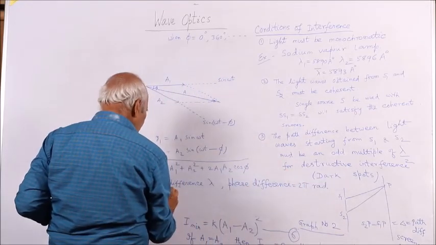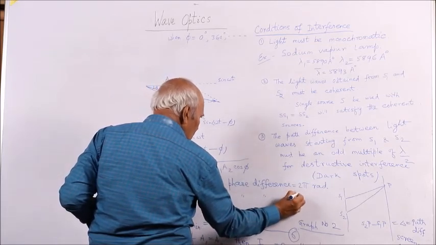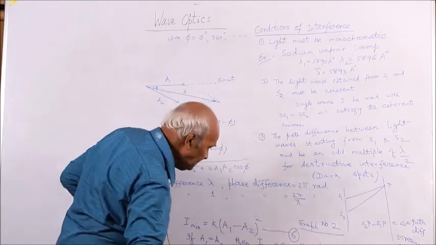So, for path difference 1, the phase difference is 2 pi by lambda radian.